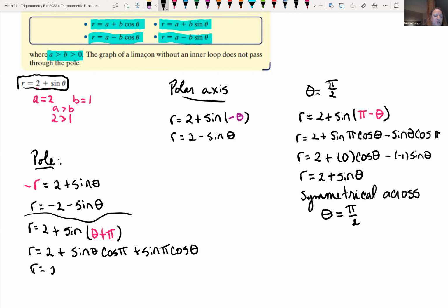So r is equal to 2 plus, well, cosine of pi is -1. So -1 times that sine of theta, this is going to be minus sine theta. Sine of pi is 0. So 0 times cosine of theta is 0. So I notice that this is not the original equation. So again, this test does not tell me that it's symmetrical across the pole or not. So from our test, we know that this is symmetrical across the line pi halves. So now let's look at plotting a couple points and getting that graph.